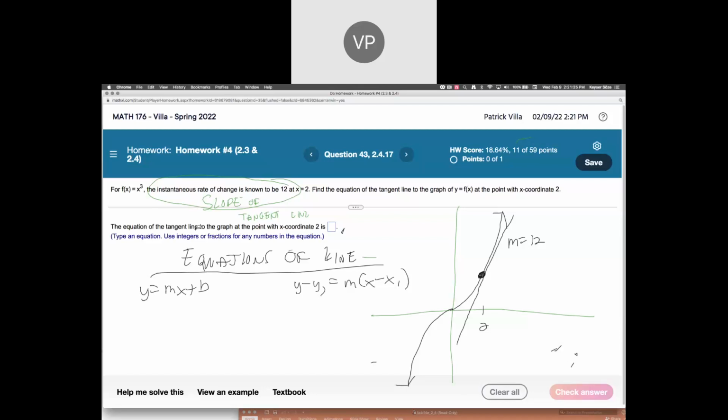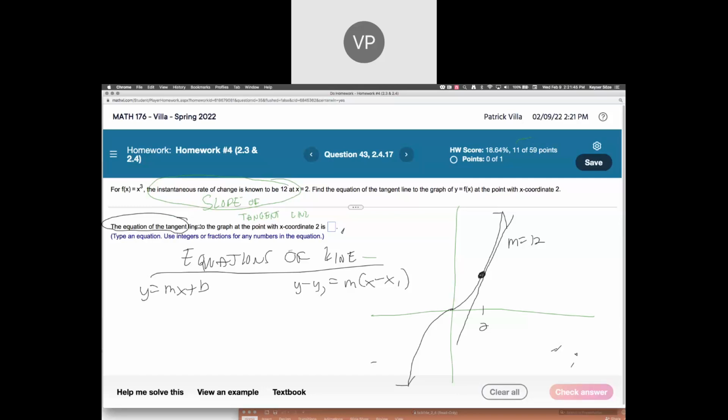Your slope-intercept form on the left, your point-slope form on the right. So let's keep this in mind. Every time you are told to find the equation of a line, they want one of these two things. You have to give me an equation of a line, like y equals 1/2 x minus 7. They're going to give you hints on how to find it.